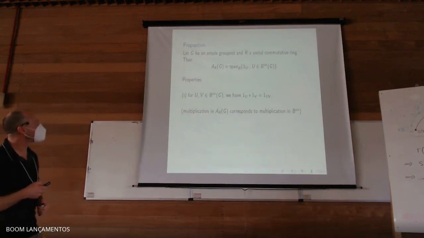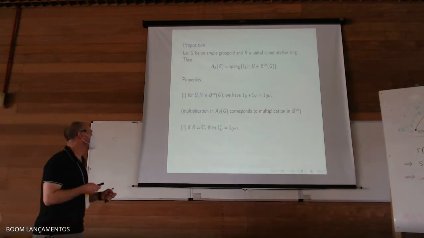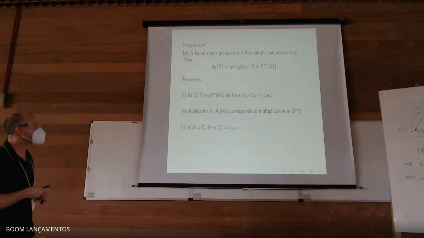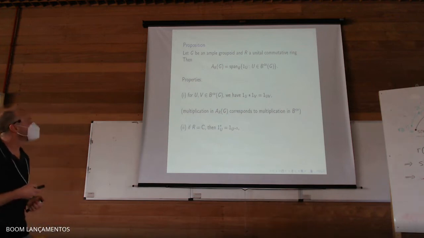Okay, so we've dealt with that. And then if you have a ring with involution or the complex numbers, then the involution of that function is just 1 of the inverse of the compact open in the inverse semigroup sense. Okay, so that's pretty cool.